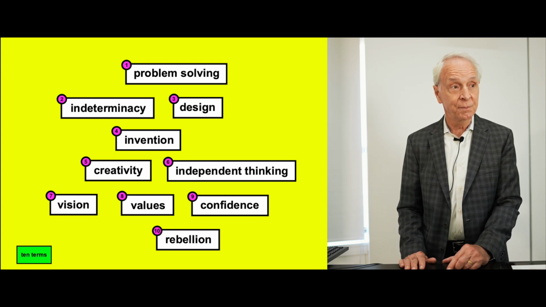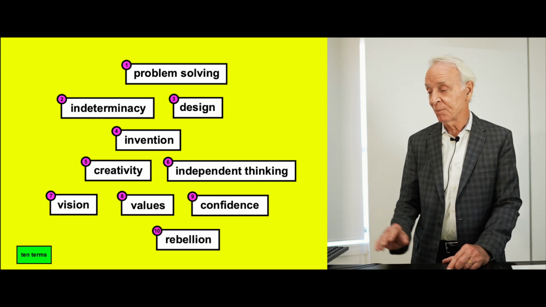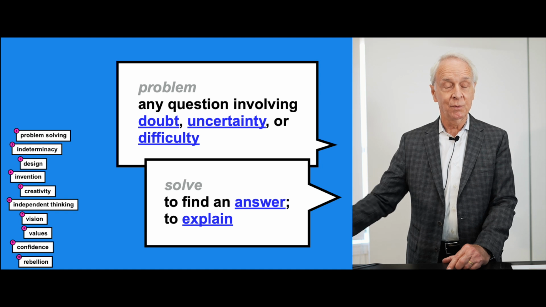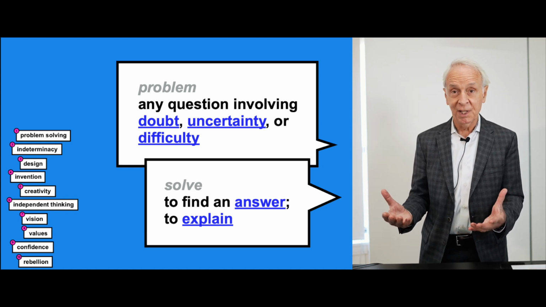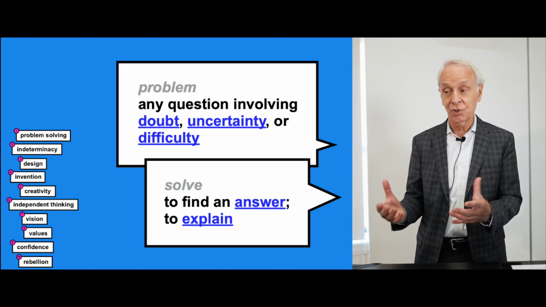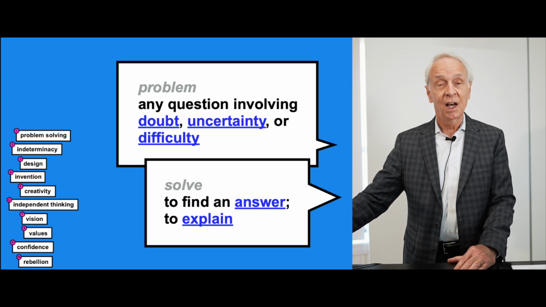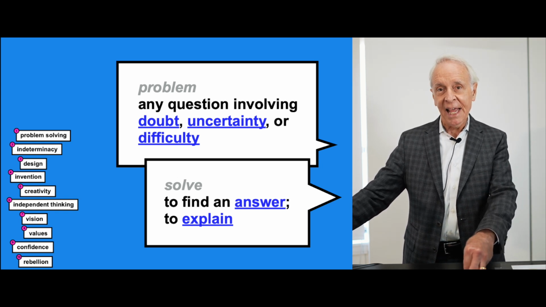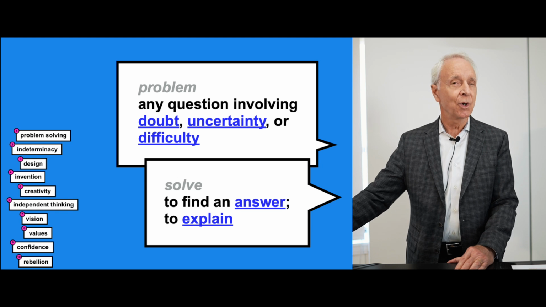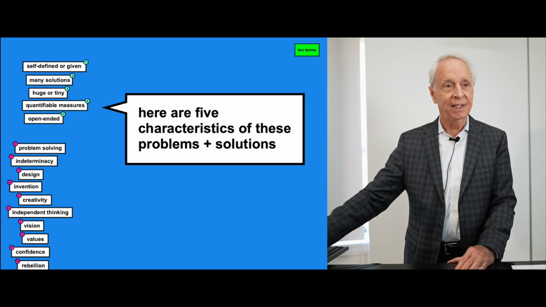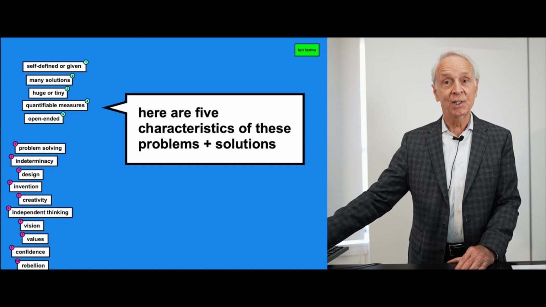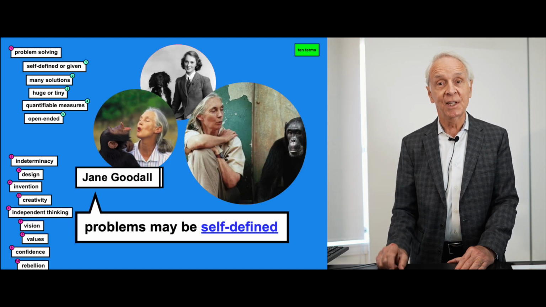These are the 10 terms. Last time we dealt with problem solving, the one at the top. Just to recap a little, we were talking about problems being things that involve doubt and uncertainty and difficulty, and that solving them might not be nailing a solution, but is really more about answering or explaining. We talked about 5 characteristics of the problems we were going to be talking about this semester.